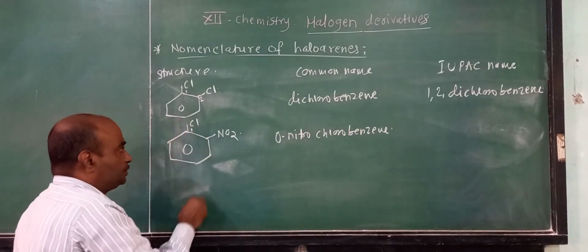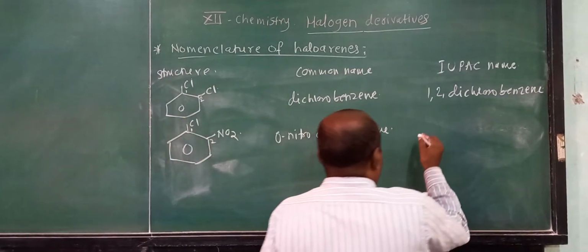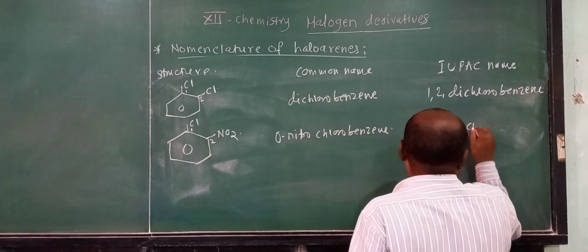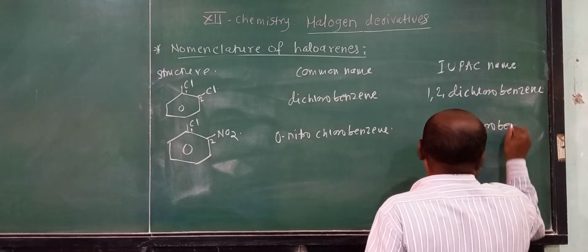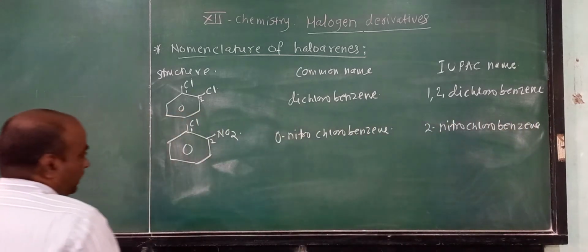So this will be position 1, this will be position 2. So the name of this compound will be 2-nitrochlorobenzene.